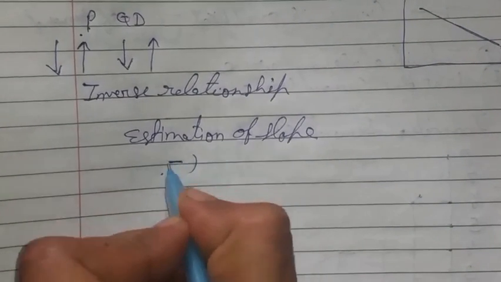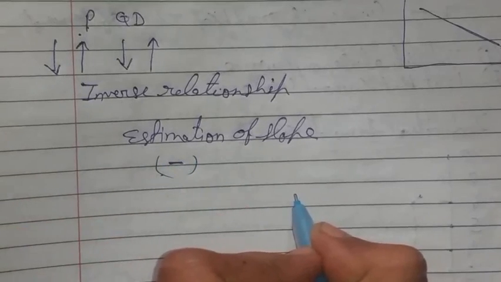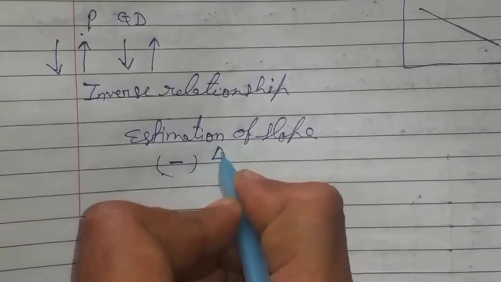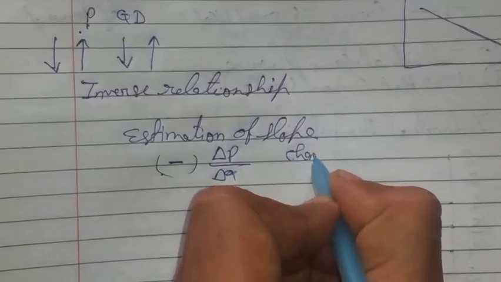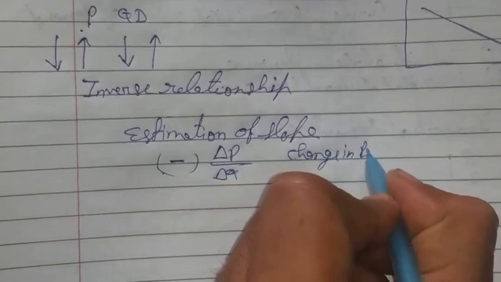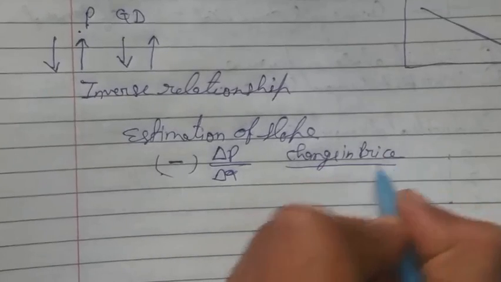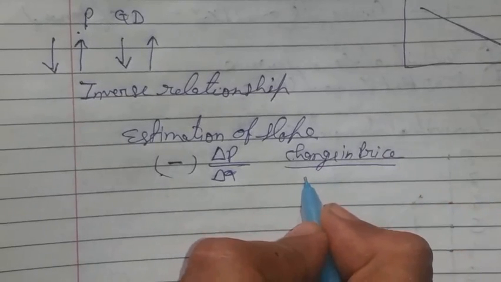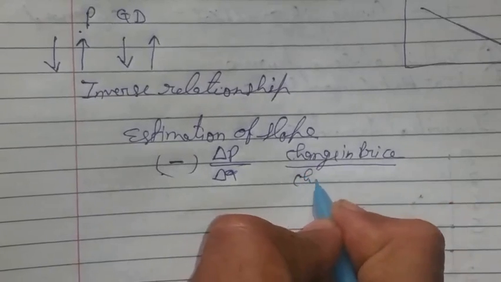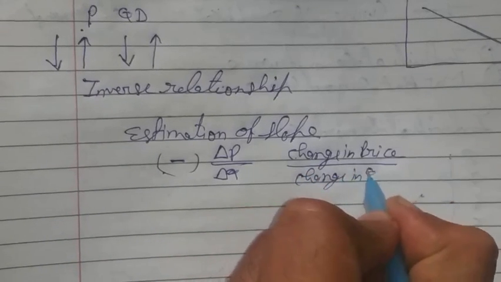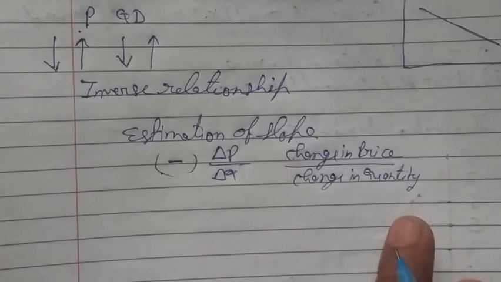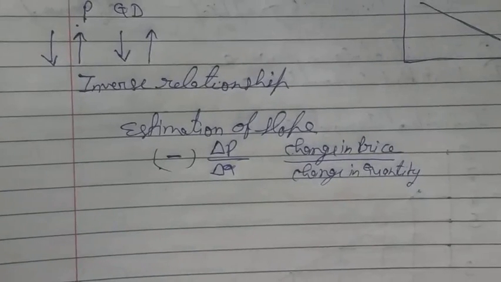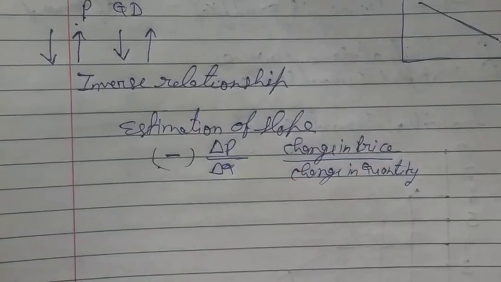Because it moves downward, it will be a negative number, delta P upon delta Q. Delta P indicates change in price and delta Q represents change in quantity. This will help us make it clear how much the demand curve would slope.